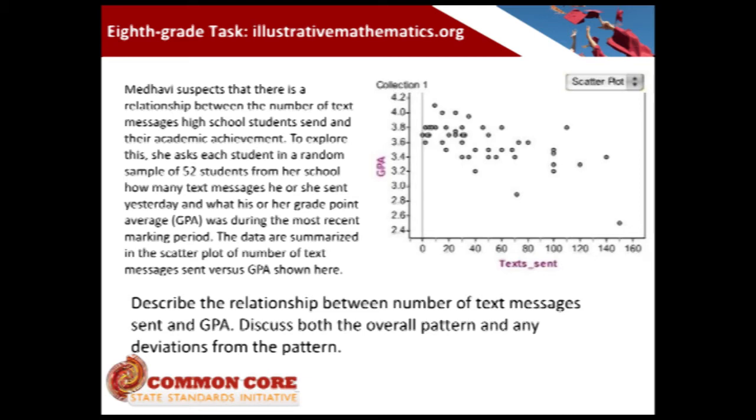And so you could have to talk about the overall pattern. They could talk about any deviations in terms of are there some kids who seem to send a lot of texts but they have a very high GPA, or some kids who seem to send no texts but they have a very low GPA. And so they could start to lay a line of best fit in here and make a judgment as far as what their thoughts are in terms of the association here.